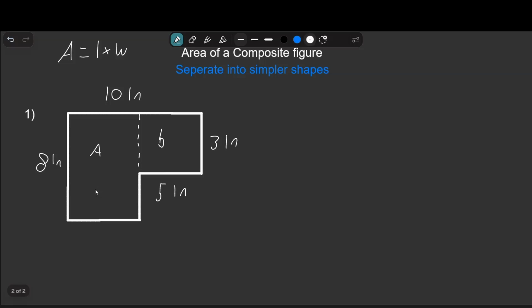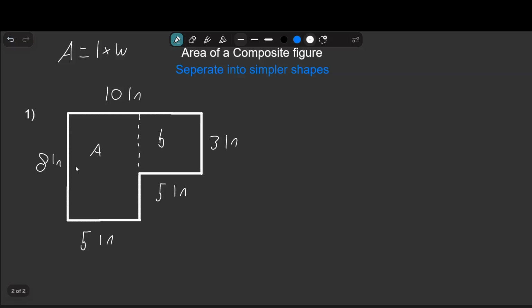Let's start off with A. As you can see, we don't have the width, but we know that this is half of this. The half of 10 is 5, so we can write it down like this, 5 inches.